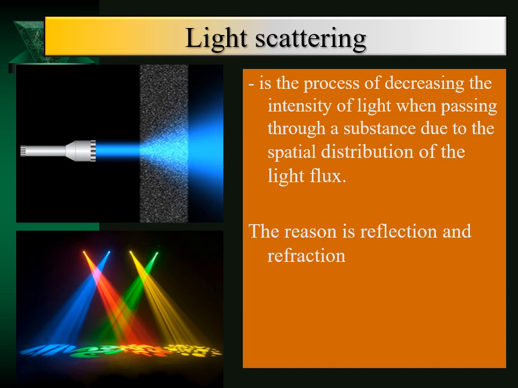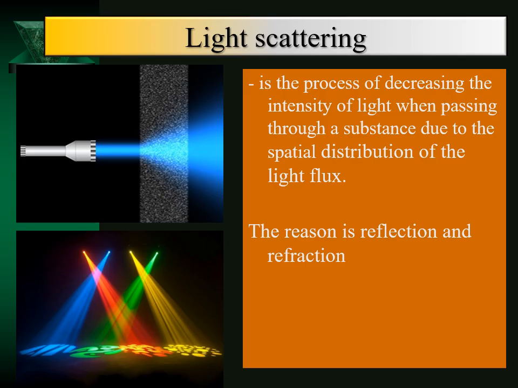And when light is scattered, the intensity of the transmitted light decreases due to the redistribution of the luminous flux in space. That is, here is the intensity of the light flux incident on the substance, but the light intensity here, by the way, is not very obvious, an obvious pattern.